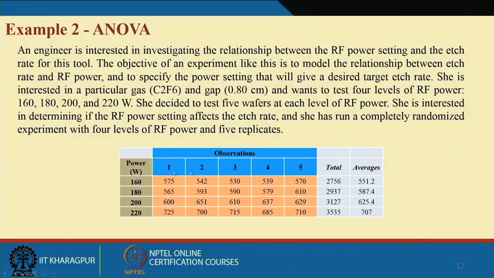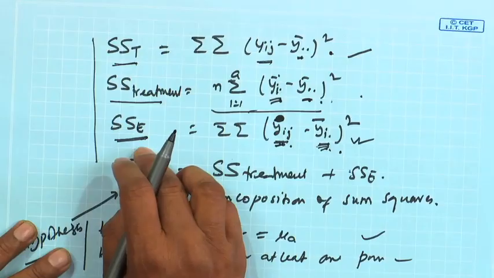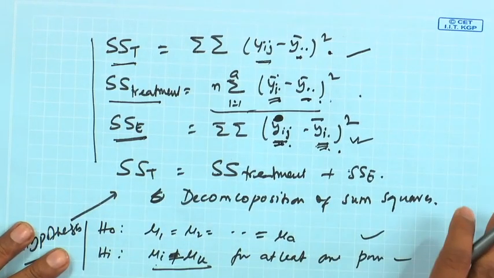What does it mean? Here 575 minus 551.2, then 542 minus 551.2. So, in level 1 all these observations are subtracted by the respective average and then squared and summed up. Similarly for the 4 different levels, 4 into 5, 20 observations will be summed up using this formula and you will get SS error. Okay.